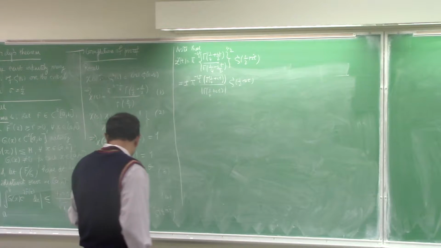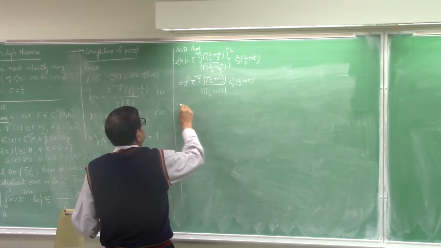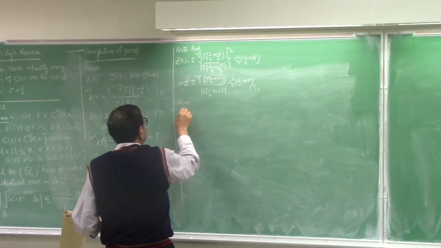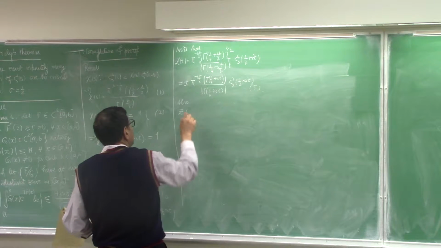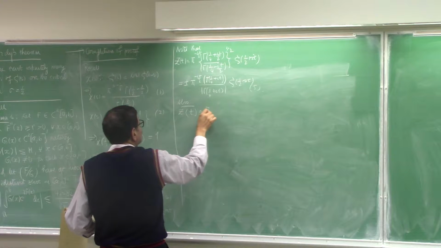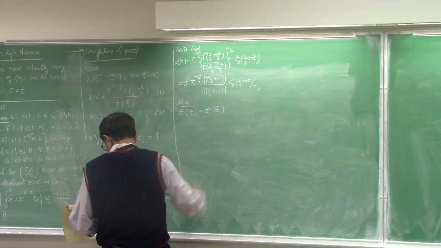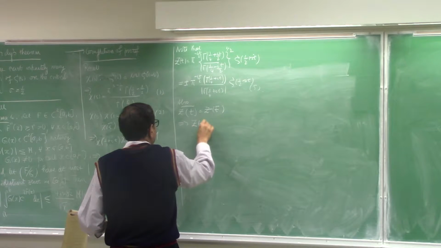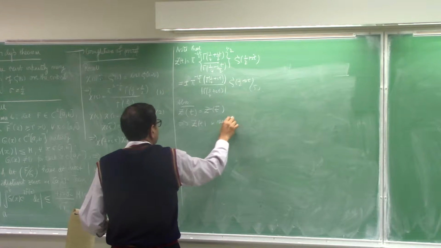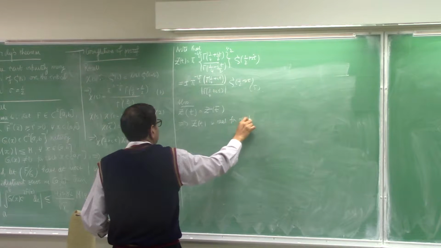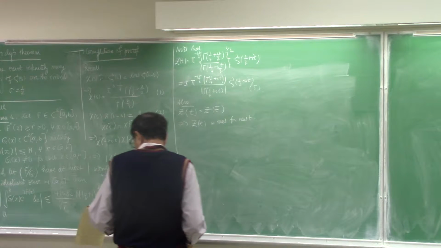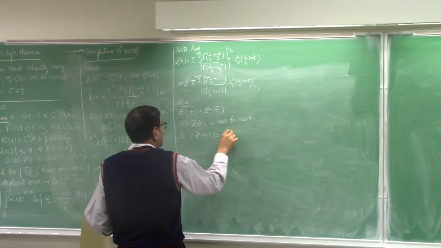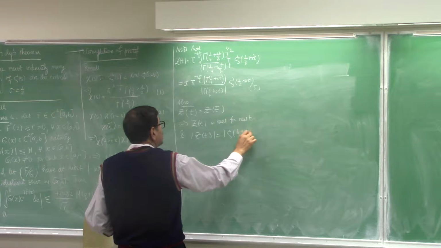All right, now the other thing is, so this is equation 5. Also, z of t bar equals z of t, which implies z of t is real for real t. Not only that, the absolute value of z of t is the absolute value of zeta of half plus it.